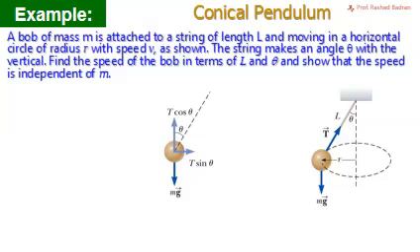Here is the conical pendulum as an example, where, as you can see in the diagram above, a mass m, that's the ball shown in the diagram, is attached to a string of length L, and the ball is going to rotate in a horizontal circle under the influence of the tension of the string, and that circle has a radius r, and the ball is going to move at a speed of v.